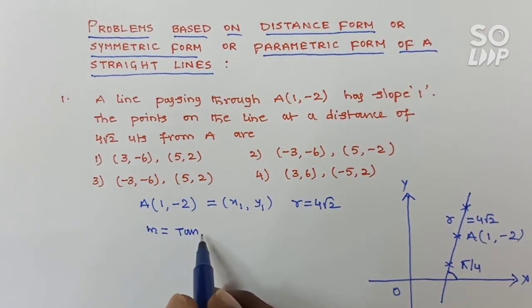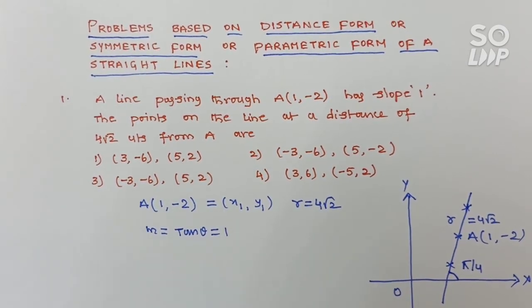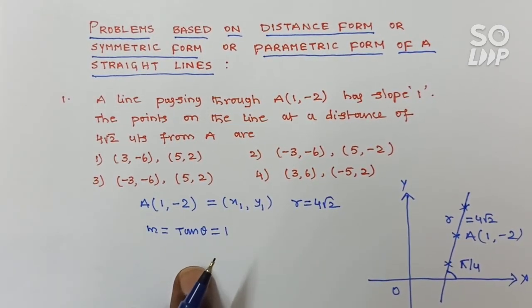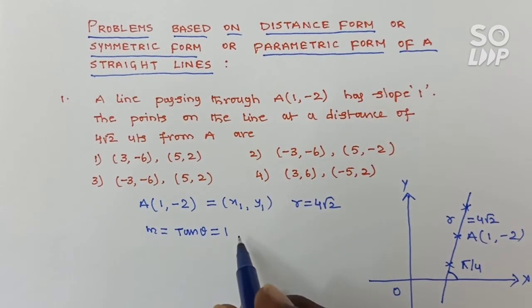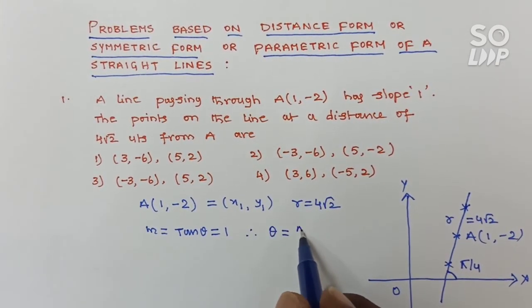The tan theta value is given as 1. Suppose a value other than 1 is given, by taking a right angle triangle you can find the sin theta value and cos theta value. Right? Therefore theta is equal to pi by 4.